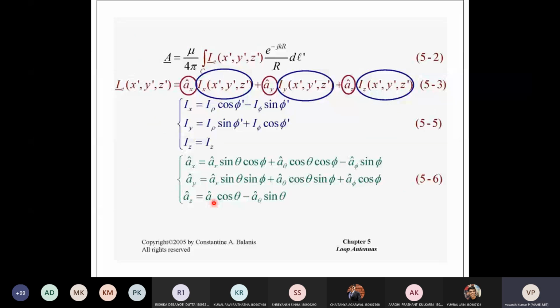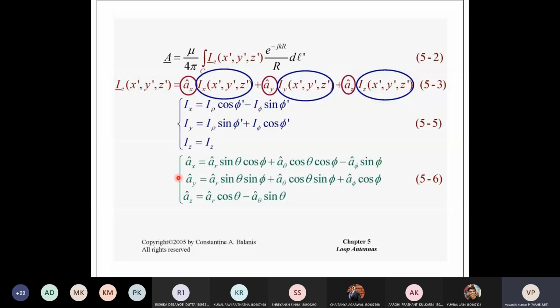So we start with that fundamental equation of A, mu by 4 pi and so on. I can have three components, Ix, Iy, Iz, in rectangular coordinates. Converting to cylindrical coordinates, Ix is I rho cos phi dash and so on.